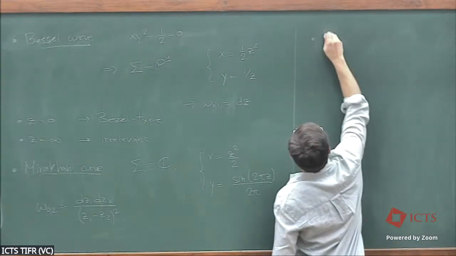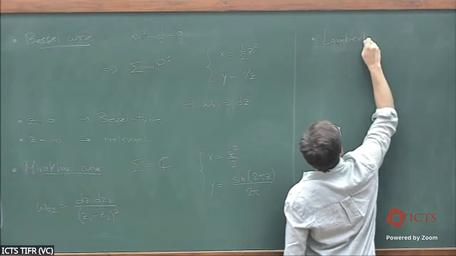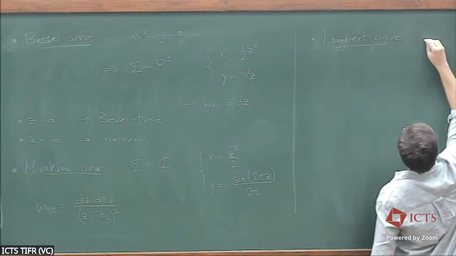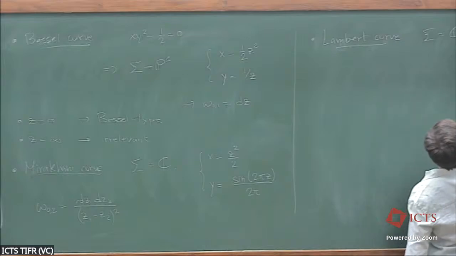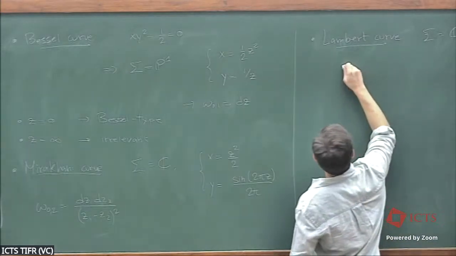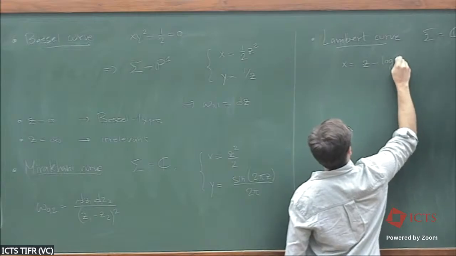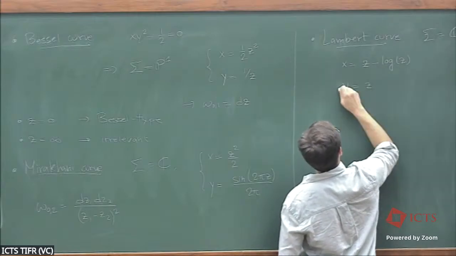And let me give you two more examples. So one is called the Lambert curve. Here, sigma is C minus the negative real axis, and x is equal to z minus log of z, while y is equal to just z.